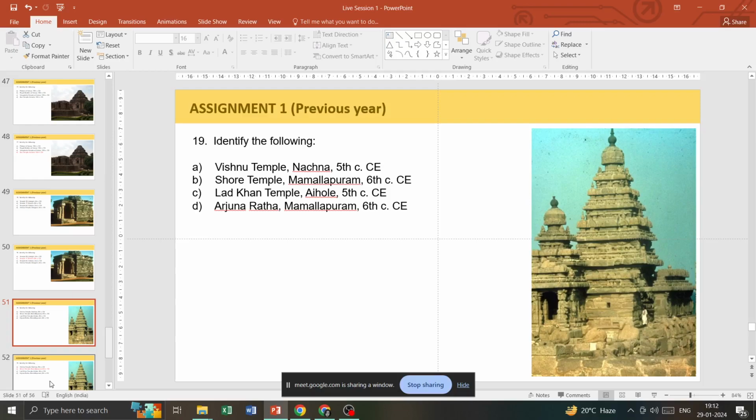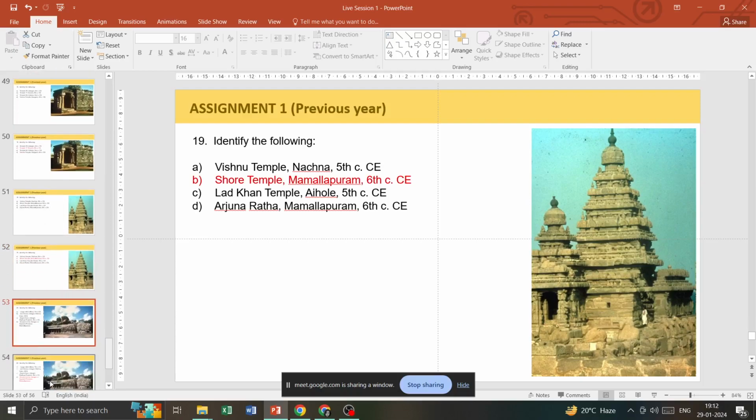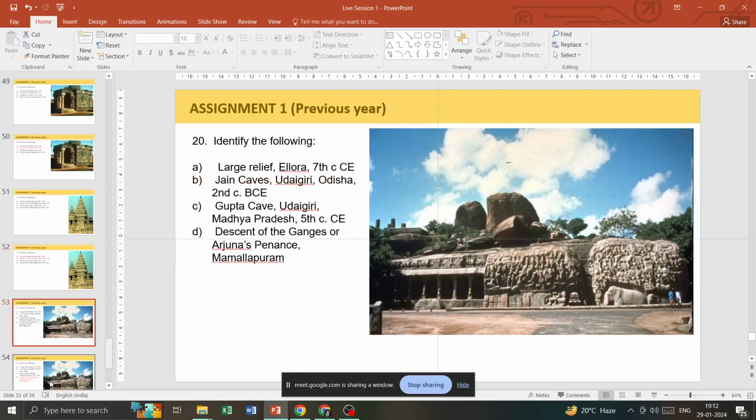It's a whole structural system, rather than being carved out of one thing. So Shore Temple is one of the oldest structural temples in South India, whereas we have the example of Arjun Rath in the same place around that same time, which is a rock cut temple. So our answer is Shore Temple, Mamallapuram or Mahabalipuram, 6th century CE.